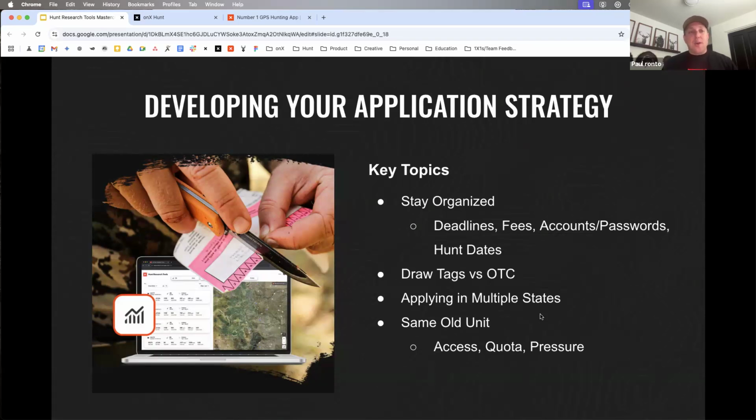A lot of people go into application season without a plan, and a lot of times that can bite you in the butt. The other thing is there's draw tags, so limited opportunity tags, and then there's OTC, over the counter hunts. And it's really important to know what these are and what states you need to draw and what states you could potentially go and hunt over the counter.